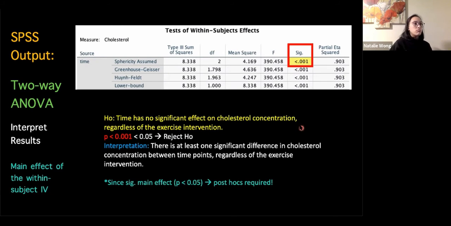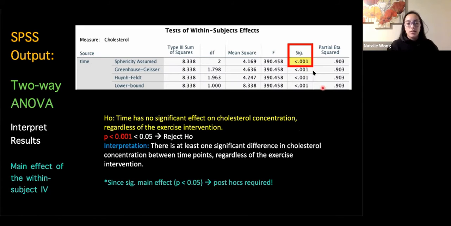So regardless of if somebody was sedentary, low intensity, or high intensity, we would take all of our pre-intervention measurements, all of our mid-intervention measurements, and all of our post-intervention measurements, create a mean of each of those groups, and compare those means. This is the p-value we get.